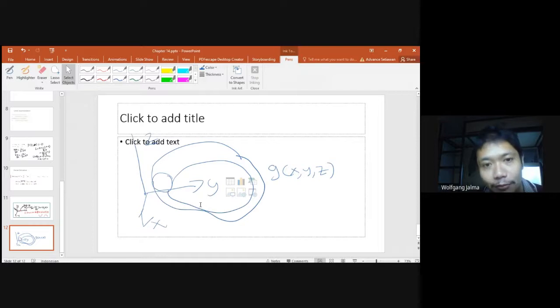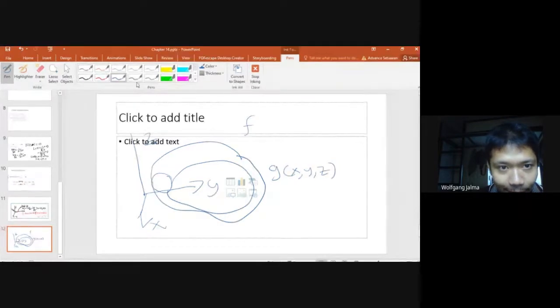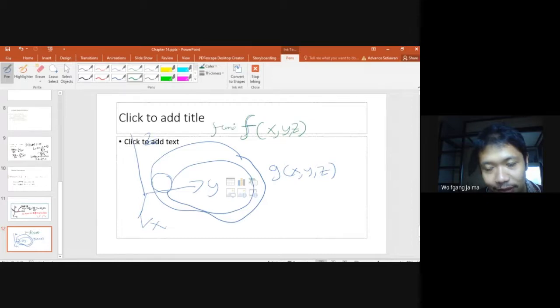Now we want to minimize a function f. So I want to make it clear. f(x, y, z) in the donut, subject to the constraint. This is the function, and the donut is the constraint. The constraint is g, and this is the donut.